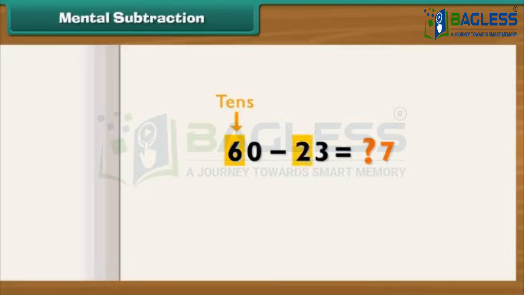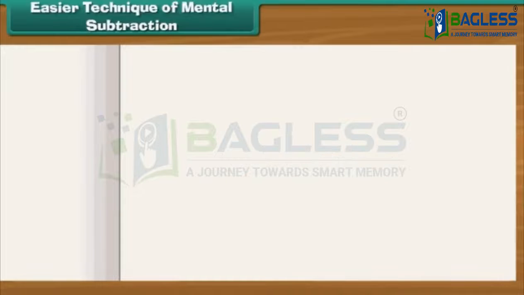We already have 2 as the tens place of one of the numbers. 1 is to be added as carryover. What should be added to 3 to get the sum 6? The answer is 3. The tens place of the number is 3. The subtraction 60 minus 23 has the answer 37.